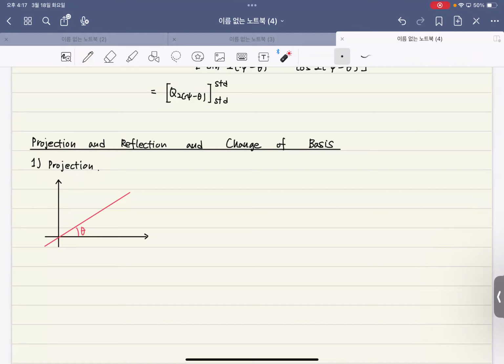We use the standard basis just because we feel very comfortable with it. But mathematically, the standard basis is equally important as any other choice of basis. So in this case, I'm going to choose a different basis. This is my basis. Oh, sorry.